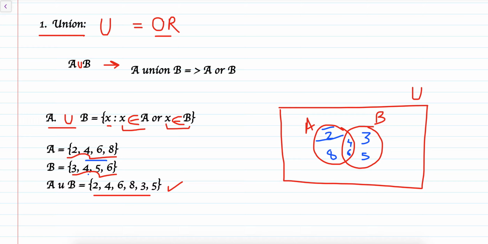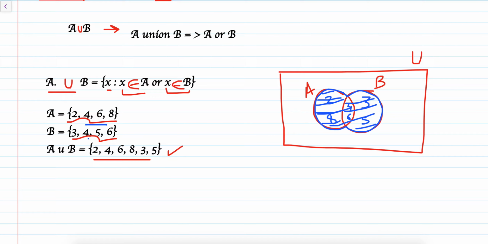So this complete region we would denote as A union B, this complete area, because it will cover all the elements that are present in A or B and also the common elements.